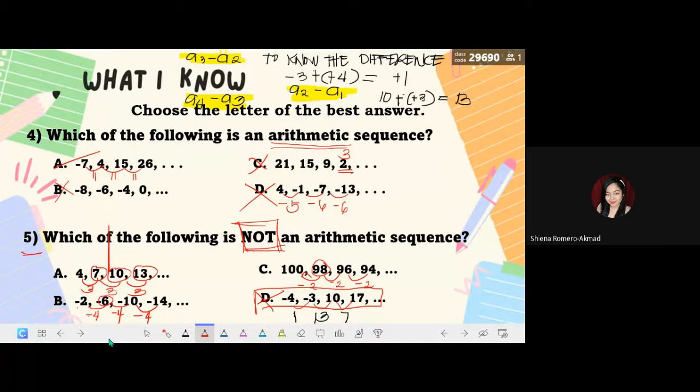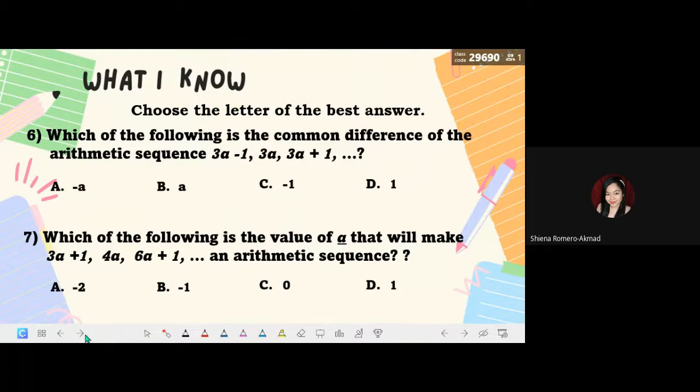Okay. Now let's proceed to number 6. Which of the following is the common difference of the arithmetic sequence? So my arithmetic sequence dito na binigay, this is 3A minus 1, 3A, 3A plus 1. So I want you to first observe ano yung difference ng mga sequences sa isa't isa. Okay, so this is our first term.